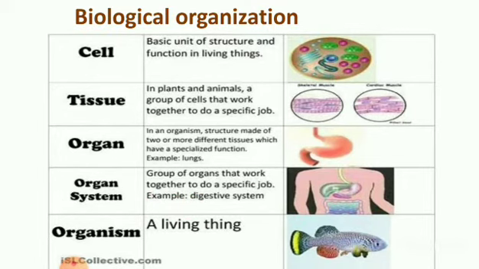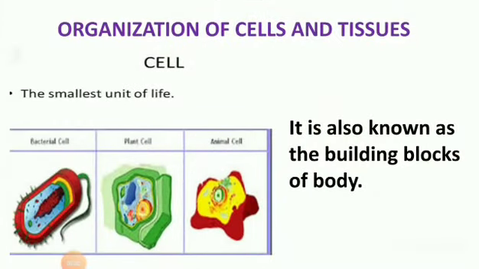Students, let us learn the different levels of organization briefly with suitable examples. First, organization of cells and tissues. What is cell? Cell is the smallest structural and functional unit of a living organism, and it is capable of performing specific functions. It is also known as the building block of the body.